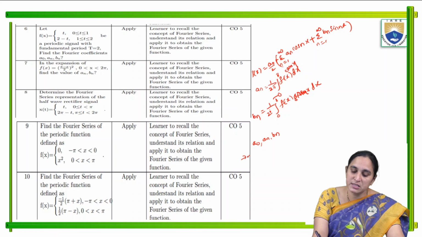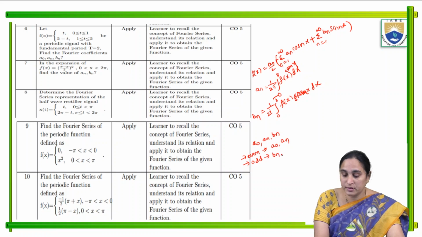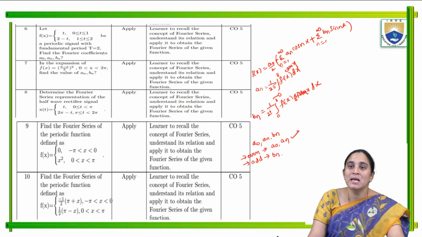If the function is even, in the Fourier series we only find a naught and an, and for an odd function we only find bn. For example, if the given function is even, we only find a naught and an, and in that case we easily get the Fourier series form.